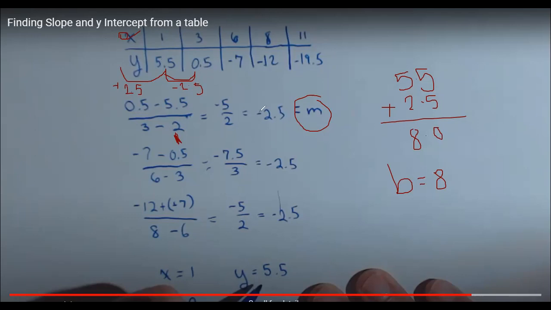And we said that the slope is negative 2.5 when we move to the right. Once you move to the left, you reverse the sign. You have to add. Then I'm going to add 2.5 to the first point. Then it's 5.5 plus 2.5, then the y-intercept equals 8.